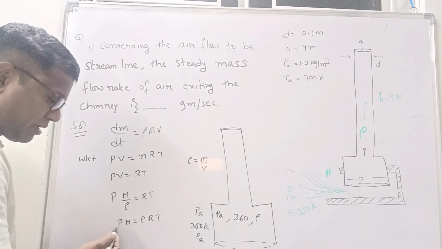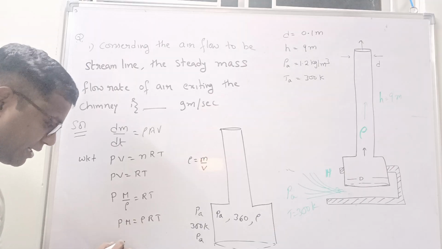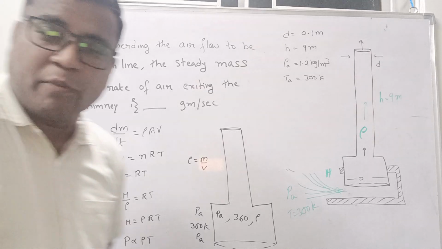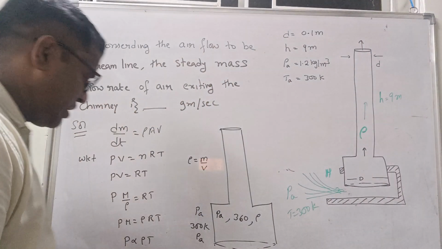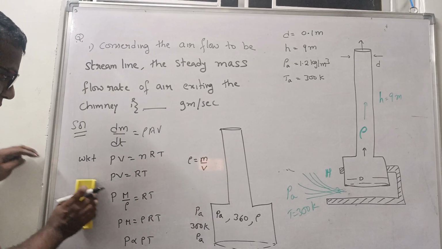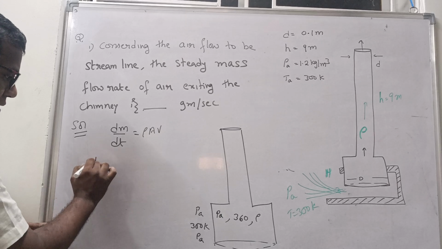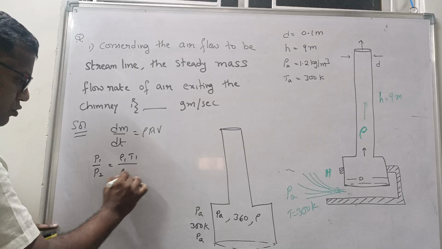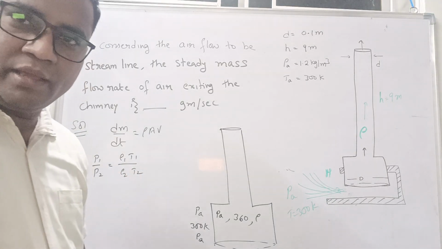Here mass remains constant, and R is constant, so P is proportional to rho T. Clear? Now P1 by P2 is equal to rho 1 T1 by rho 2 T2.